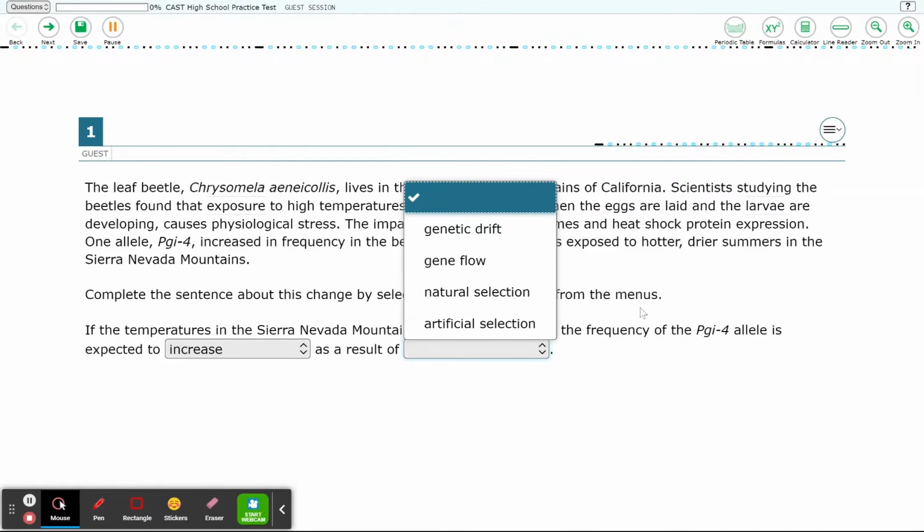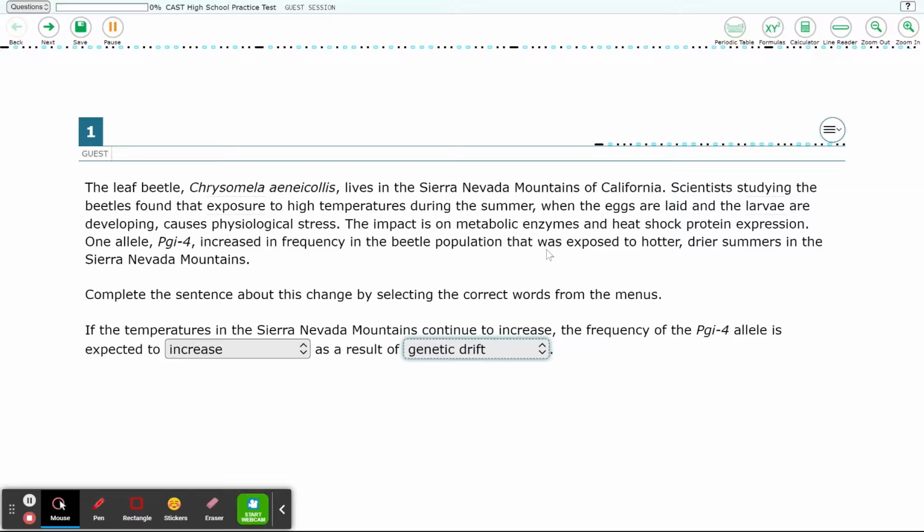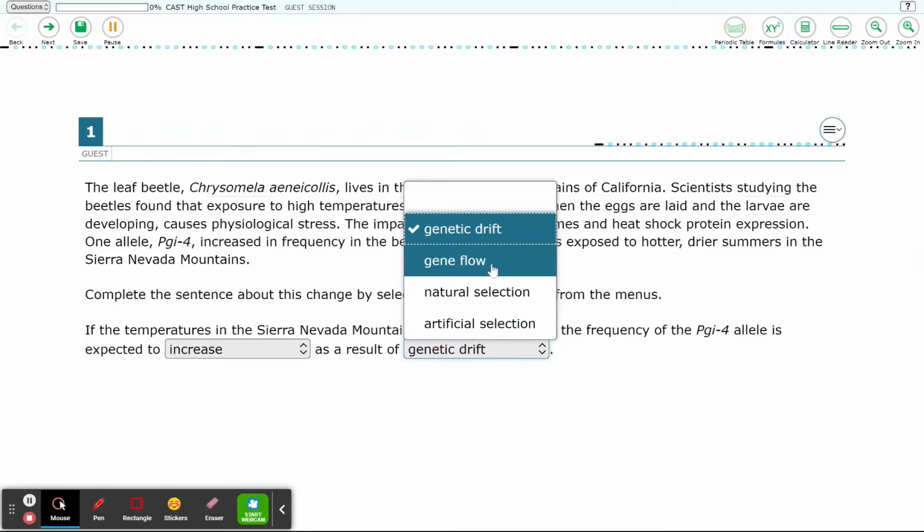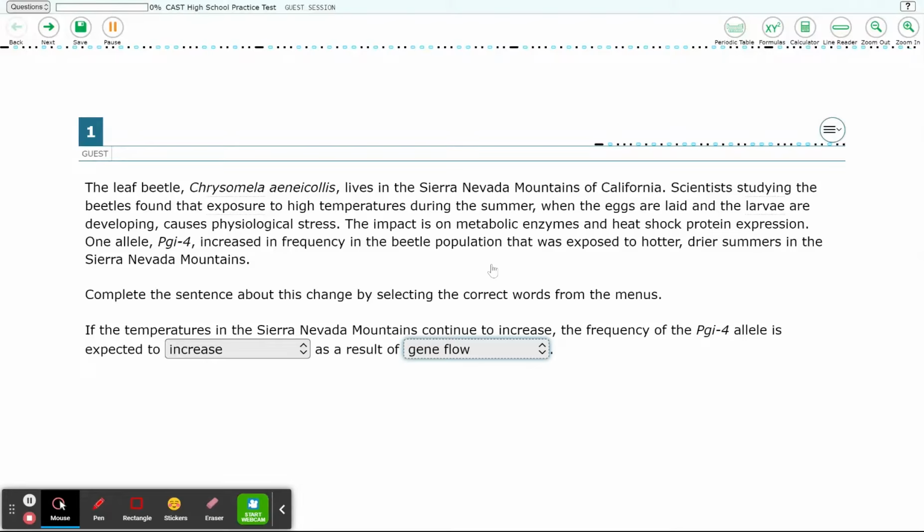Well, let's go through the definitions of each of them. So genetic drift is the change in frequency of an existing gene variant in the population due to random chance. Since this isn't due to random chance, this is because of a cause, the temperature increasing, we can eliminate that one. Gene flow is also called gene migration.